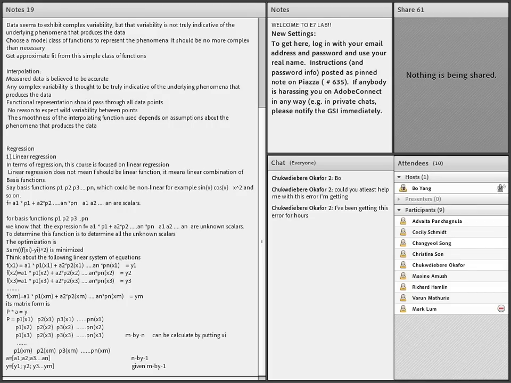These are the linear equations we built. We call the least squares to solve these linear system equations.